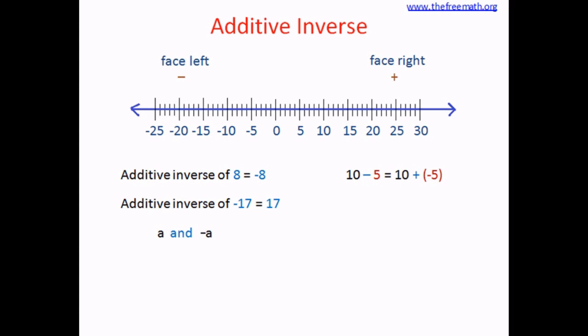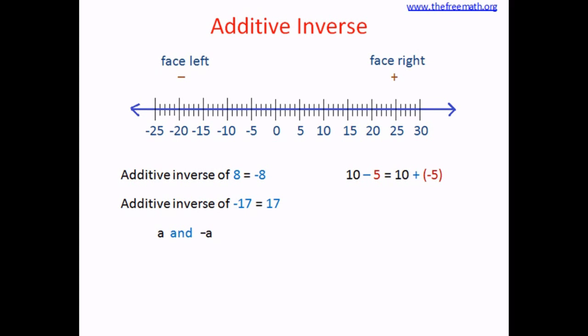What I have done here is we have taken opposite of subtraction, which is addition, and therefore the next number, which is 5, we have taken its additive inverse, which is negative 5. That means subtracting 5 is the same as adding negative 5. If you calculate 10 plus negative 5, you'll get the same answer.